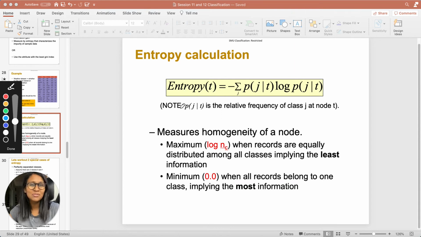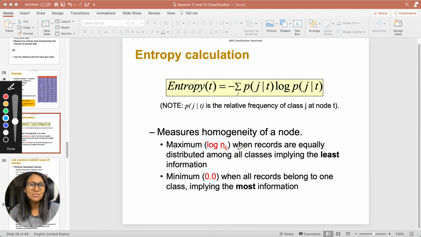Now remember, entropy is a measure of impurity. When all the records belong to the same class, entropy will always be 0. C is the number of classes that we have; in our example, C is equal to 2. The maximum value of entropy is when a node is perfectly mixed.